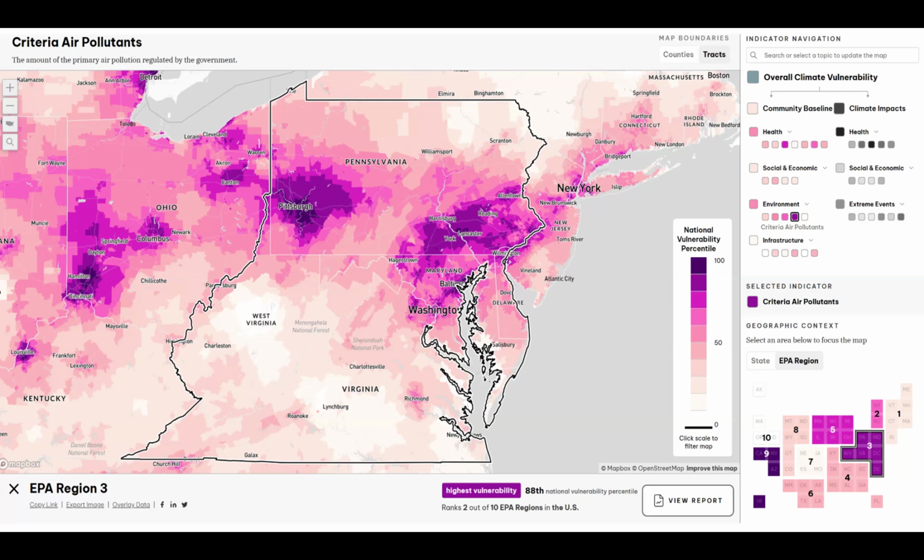This means PM 2.5, nitrogen dioxide, and ozone were highest in this area. So when we compare it, it's number 2 from the whole EPA regions.